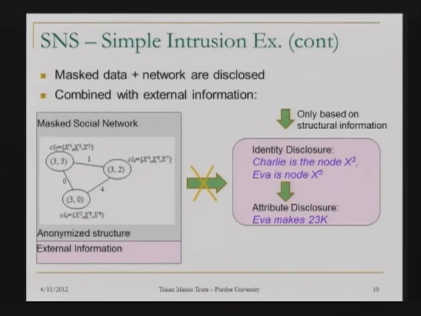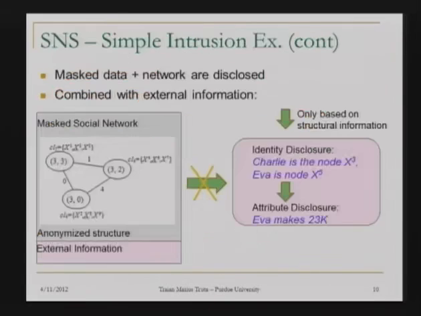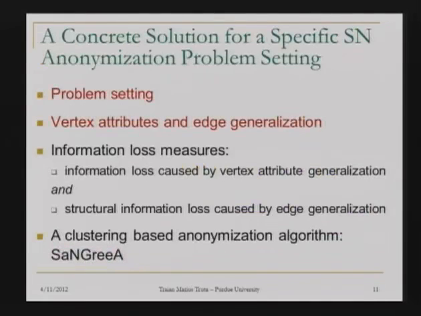And coming from this example to a solution, we will move now and I will explain the full problem setting for our solution, as well as define how we will arrive at this masked social network. The methods to come up with a masked social network are called vertex attribute or attribute generalization and edge generalization.